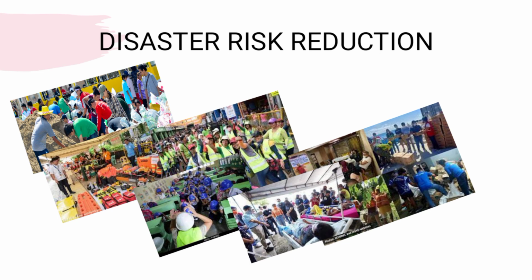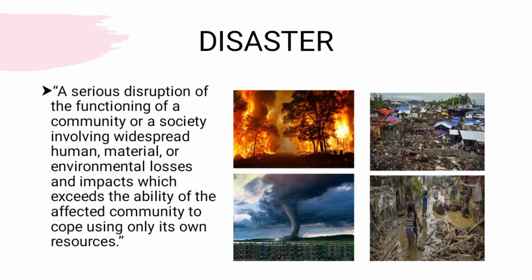Disaster risk reduction. So, a disaster is a serious disruption of the function of a community or society involving widespread human, material, or environmental losses and impacts which exceed the ability of the affected community to cope using only its own resources.